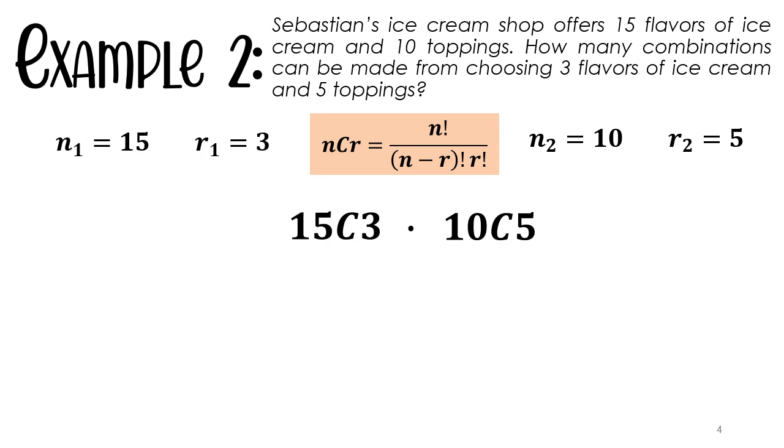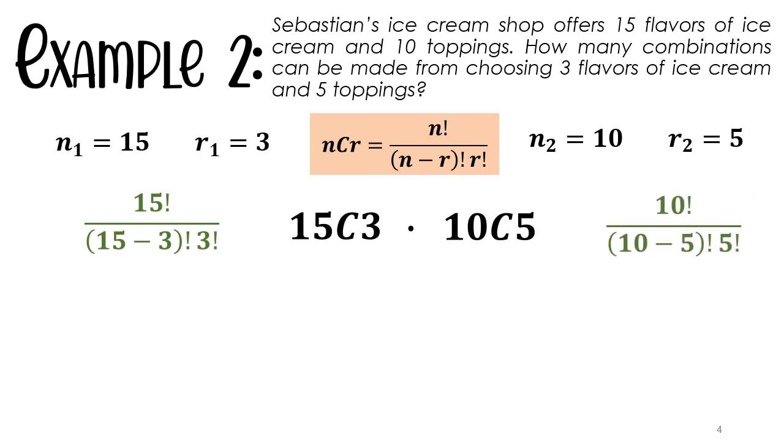For the first category, we have 15 factorial all over (15 minus 3) factorial times 3 factorial. And for the second category, we have 10 factorial all over quantity (10 minus 5) factorial times 5 factorial.